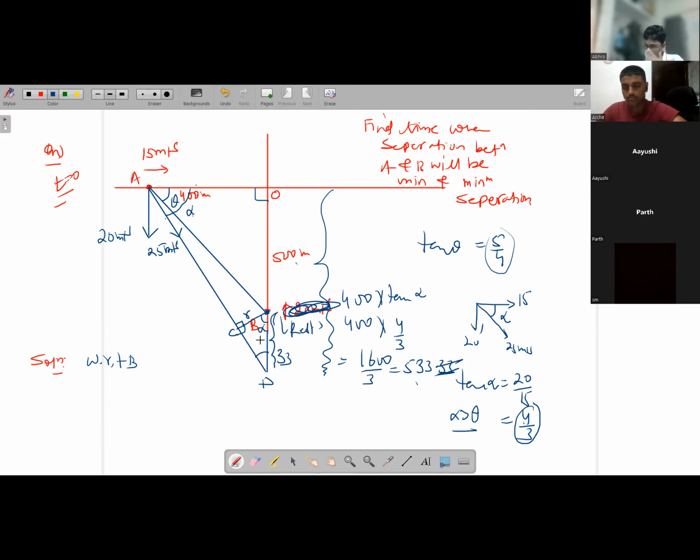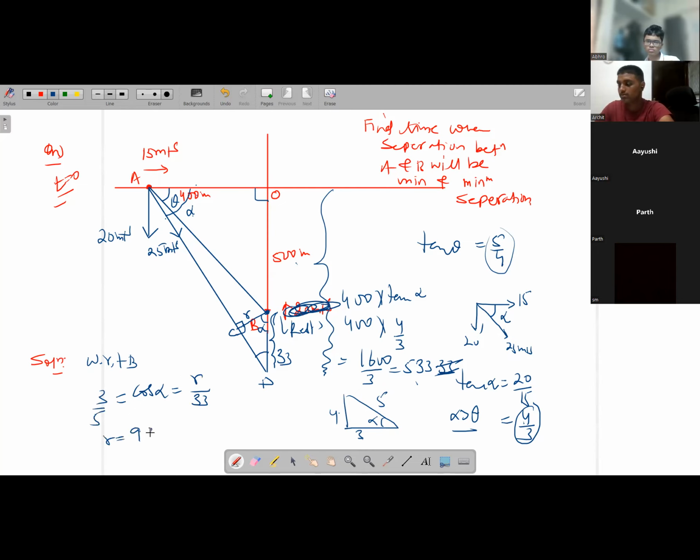We'll simply apply cos alpha. So cos alpha is base upon hypotenuse, that is 33. And tan alpha you have 4 by 3, so this is 5. So cos alpha will be 3 by 5.